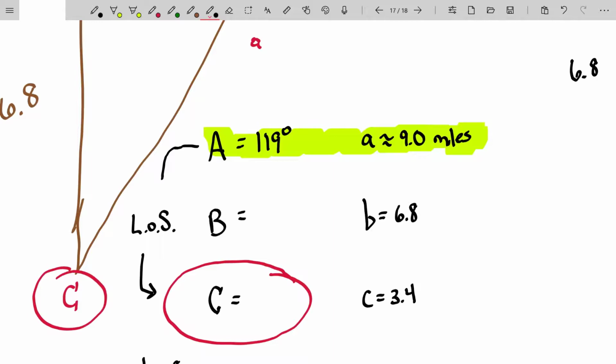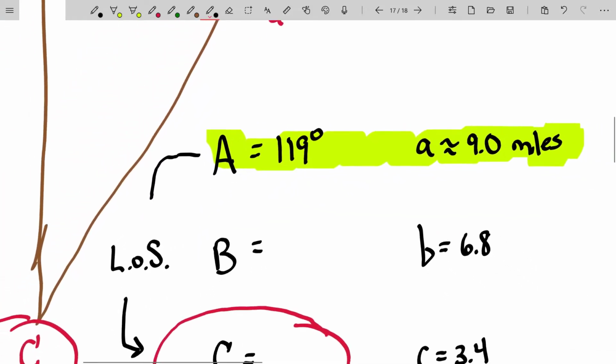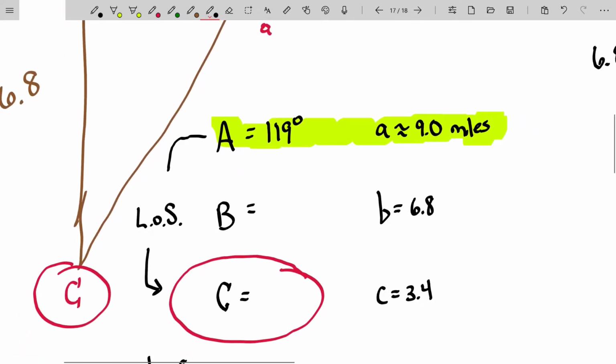But in this case, we already have one obtuse angle in our triangle. You can't have more than one obtuse angle in a triangle, so neither of the remaining angles are going to be obtuse. They're both acute. So if we were to try to find angle B here, we'd be safe. Luckily we don't have to worry about that because we're finding angle C, but we're safe in both cases because the obtuse angle is already taken by angle A. That's just a heads up.